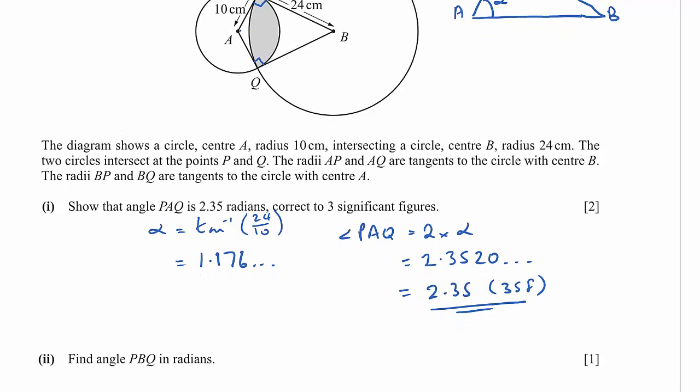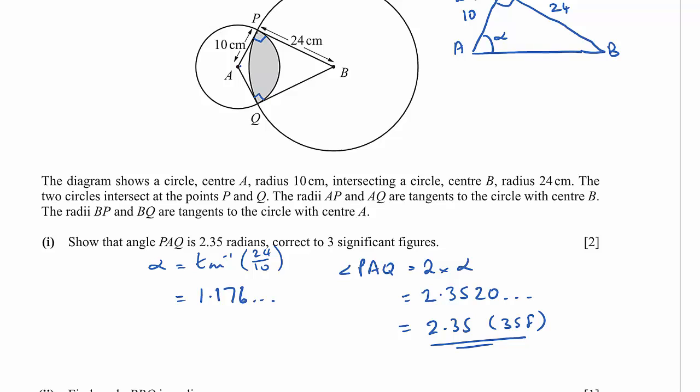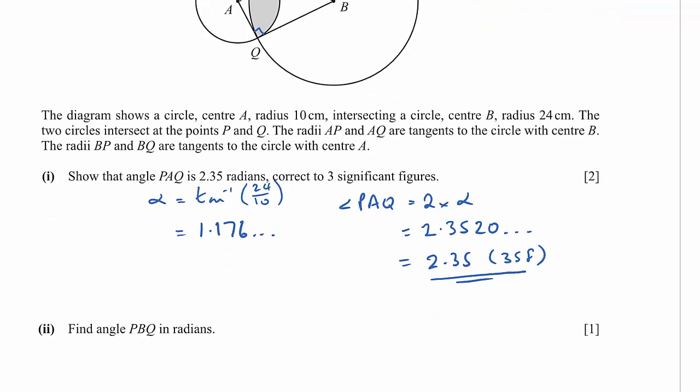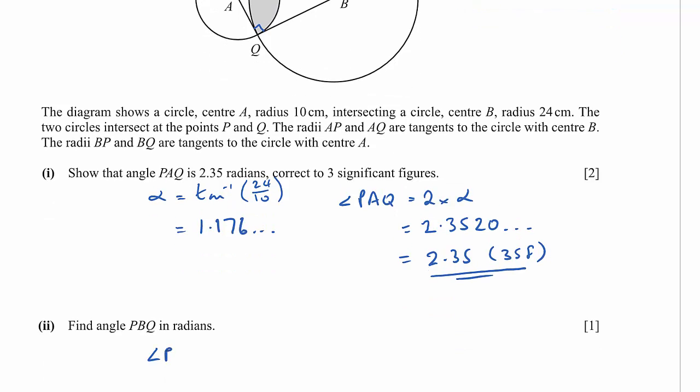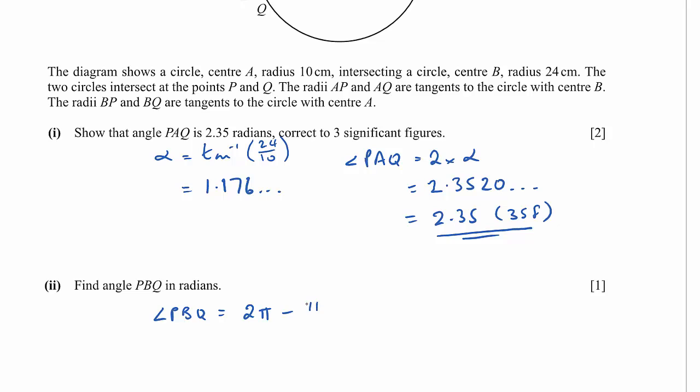Find angle PBQ in radians. Well, we know that we've got a quadrilateral here, and so the angles must add up to 2 pi. So angle PBQ would be 2 pi, take away, we've got two 90-degree angles here. Remember, that's pi by 2. Pi by 2, take away pi by 2, take away 2.35.